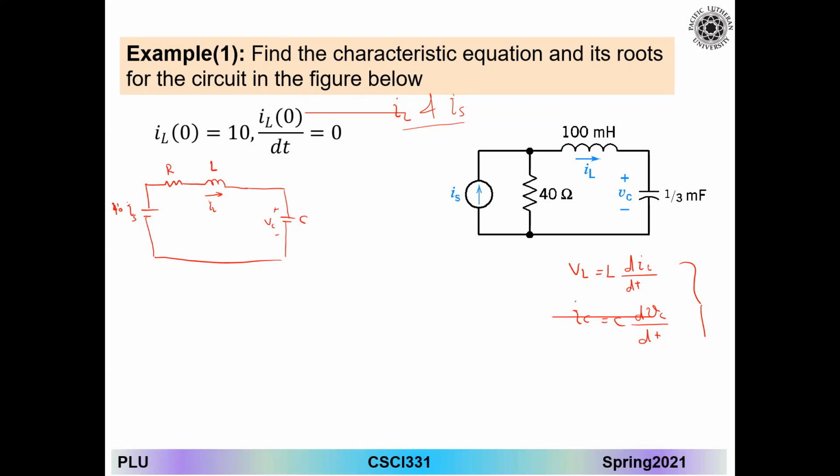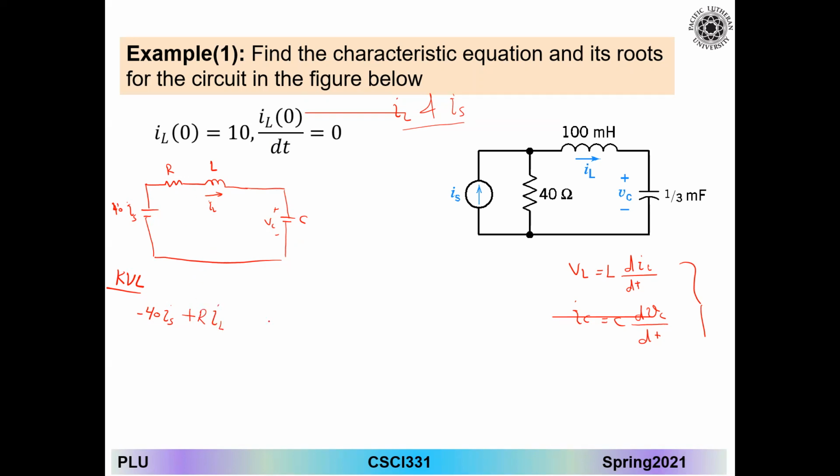Now I go back to write down the Kirchhoff voltage law. We're gonna start from here. I have negative to positive, right? So this one is the minus 40 IS plus the current times R plus R times the current.